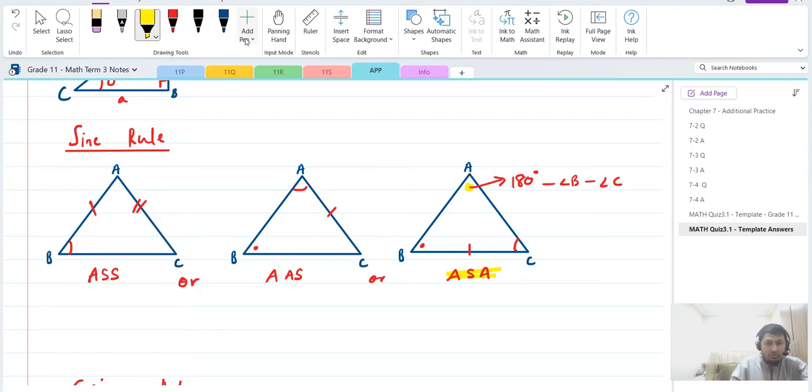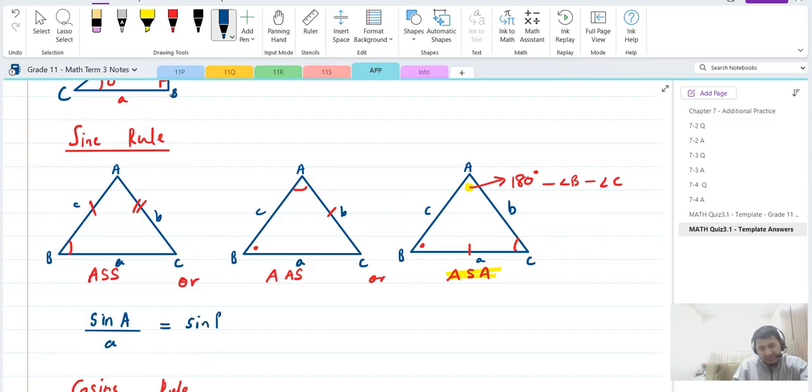So the rule that we use here, remember opposite angle A is side a, opposite angle B is side b, opposite angle C is side c. We will use sine A over a is equal to sine of angle B over the side b, is equal to sine of angle C over the side c, and this is called the sine rule.